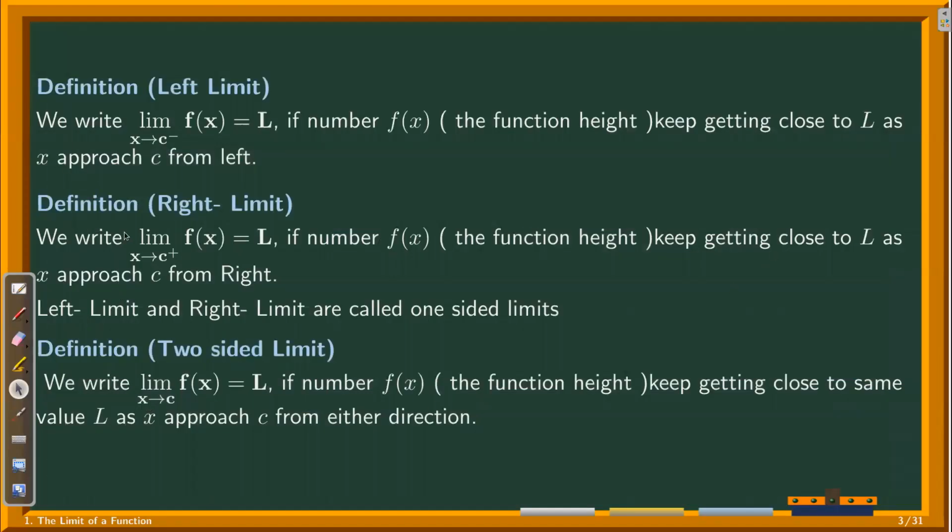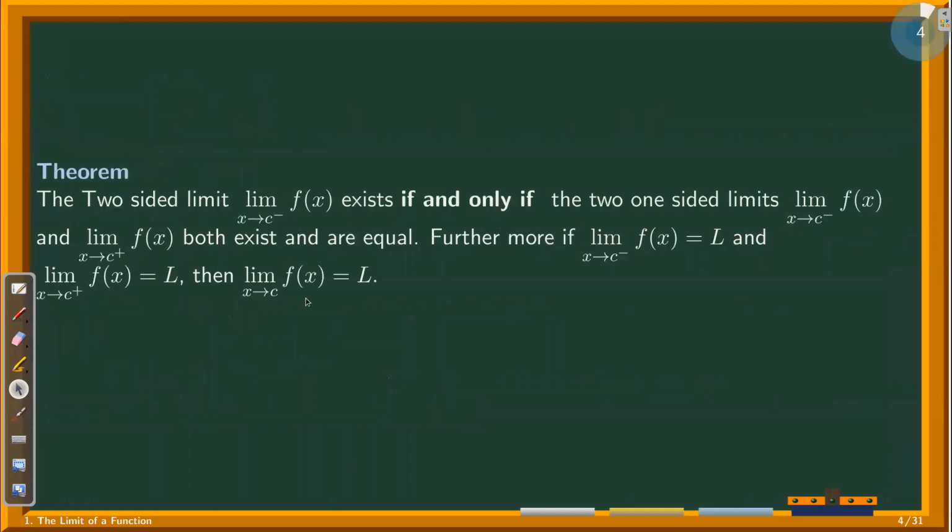We have the two-sided limit and one-sided limits, and this two-sided limit is only defined if these one-sided limits are defined and equal. Otherwise I cannot talk about the two-sided limit. So if they are defined and equal to the same value, then the two-sided limit is also L.